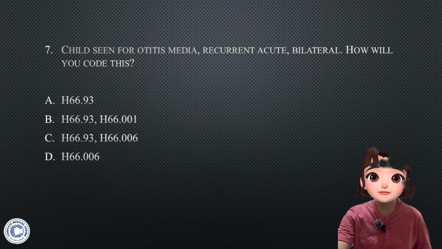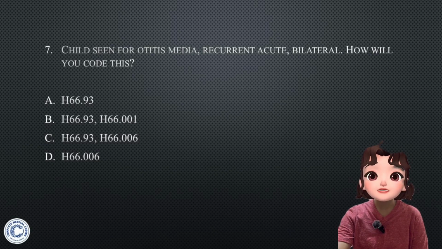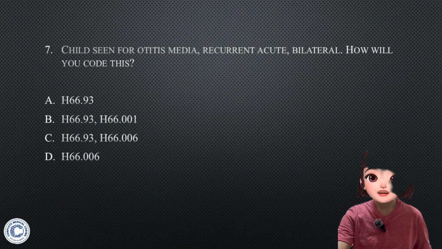Same code in option B, along with H66.001. So what is H66.001? Acute suppurative otitis media without spontaneous rupture of eardrum. No, that is wrong. There is no spontaneous rupture mentioned. All right.